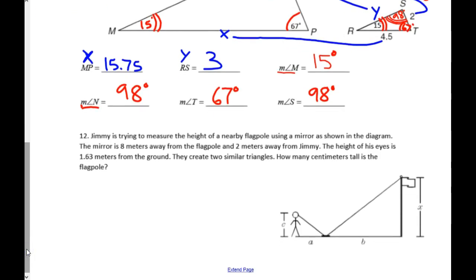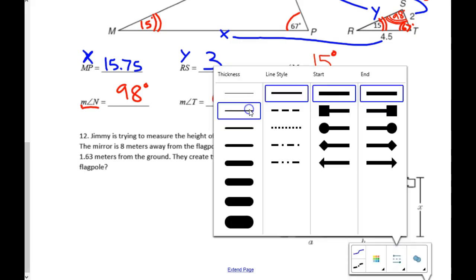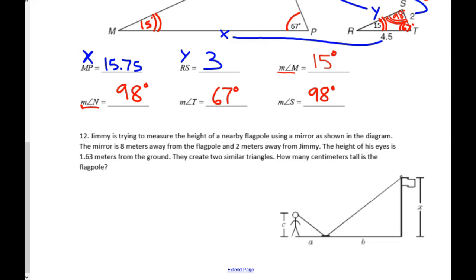Down here, it's kind of like that assignment we did. We got Jimmy here. It says the mayor is 8 meters away from the flagpole. 2 meters away from Jimmy. The height of his eyes is 1.63 meters. And we're looking for X. So as usual, let's connect. 1.63 corresponds with X. 2 corresponds with 8.